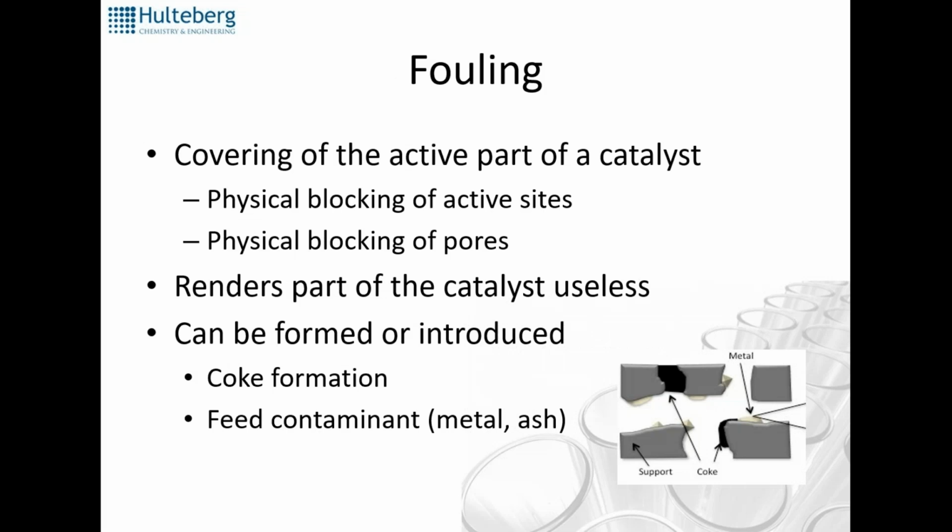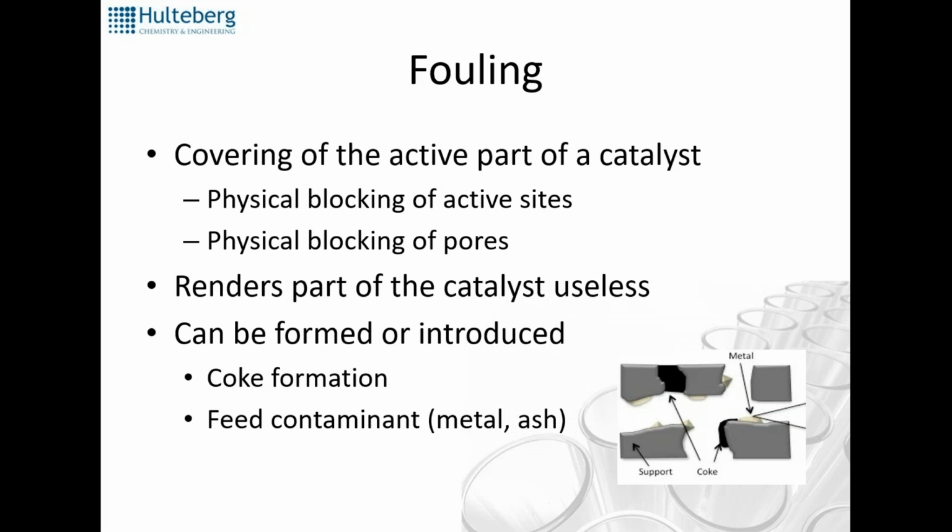Finally, fouling is when we physically block an active site or indeed block an entire pore with something that makes the catalyst underneath inaccessible. It can be done in two different ways, and you have to handle these two mechanisms in two completely different ways.